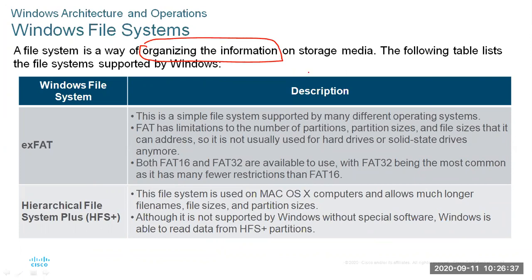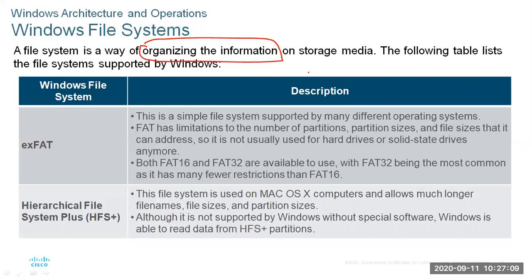Now, the file system is basically a way of organizing the information in a storage media. So let's assume that you have a wardrobe or a cupboard in your office or in your house or in your library, and you have a set of books or files or documents that you want to arrange orderly. If it's in the library, you might arrange them based on the authors, or the topics, or the category of the books.